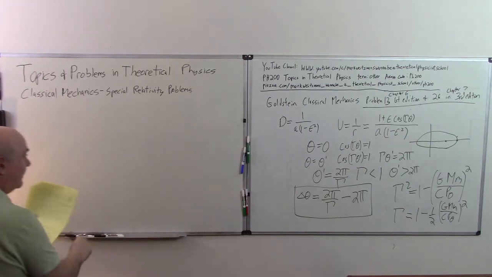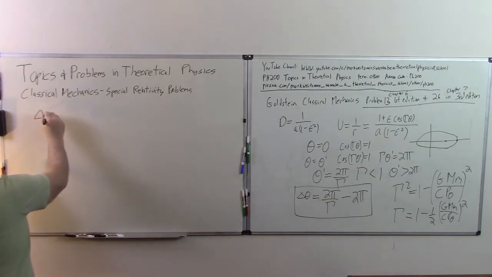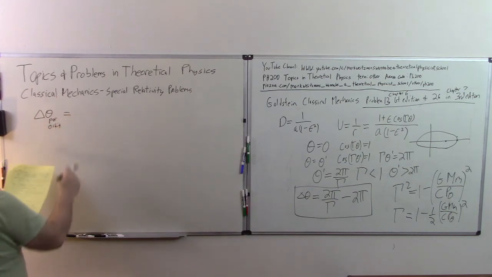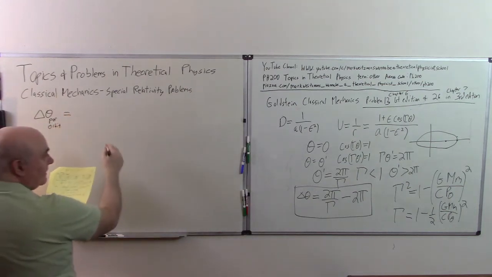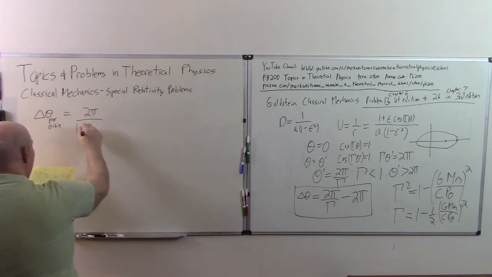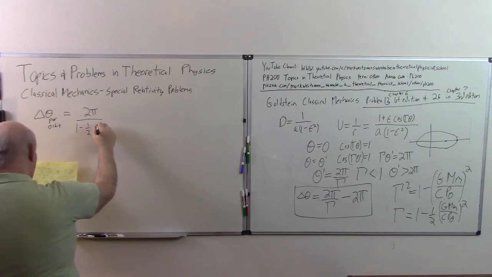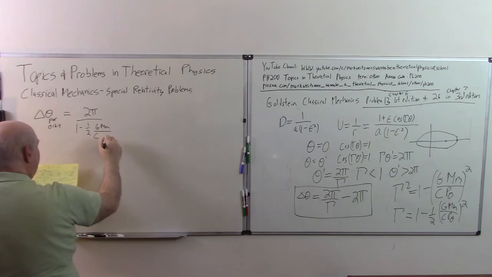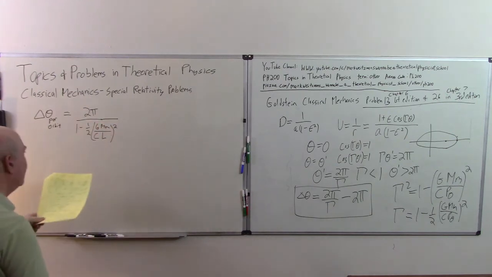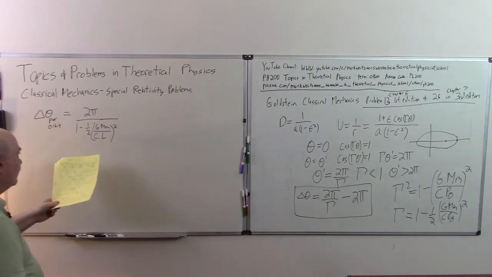So we have delta theta, and this is per orbit. It's 2 pi. Let's substitute in the value of gamma: 1 minus 1/2 GMM over C. I'm now going to use L for P theta squared. It's not exactly right, but this is a small quantity and it makes an even smaller error, so this is okay.